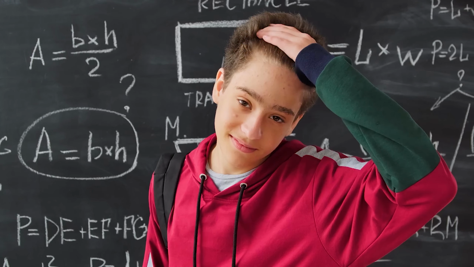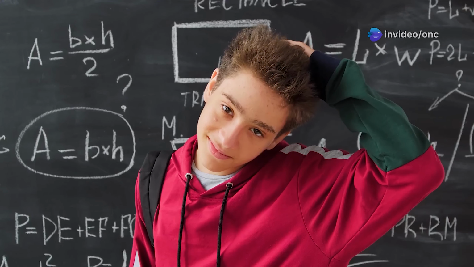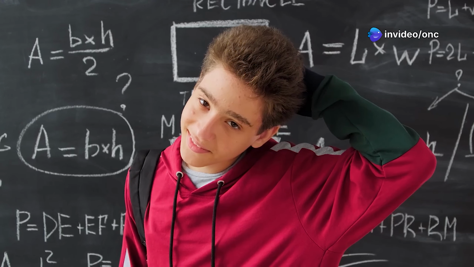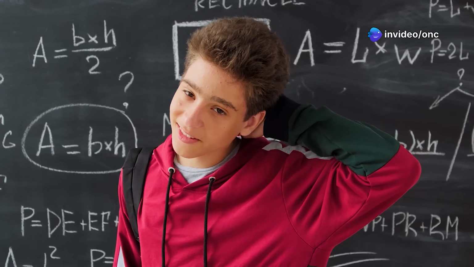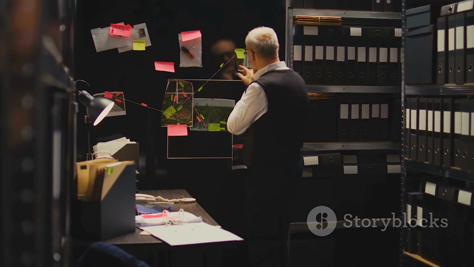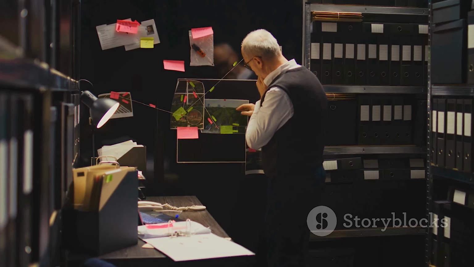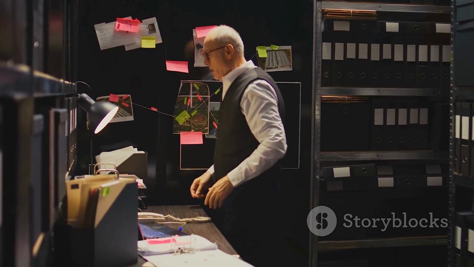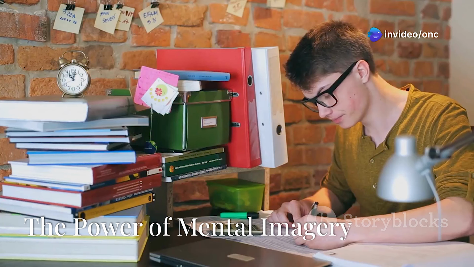This is often where people struggle, as information is either not properly encoded or not repeated enough to be stored in the long-term memory. Key concept: to improve memory, you need to focus on organizing and encoding information meaningfully. The more meaningful the information is, the easier it will be to recall later.